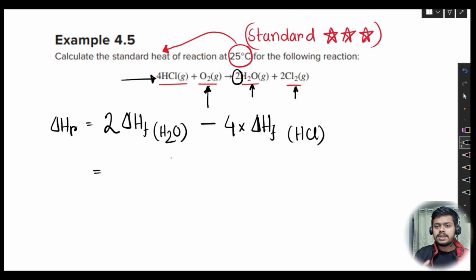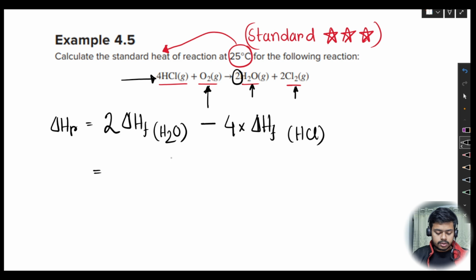This one has a data booklet inside it, a table of data, at the table of C. From table C1 to table C4, the information is given here. All the heat of formation values for various substances are given in this book. So we're going to use the information that is provided here.